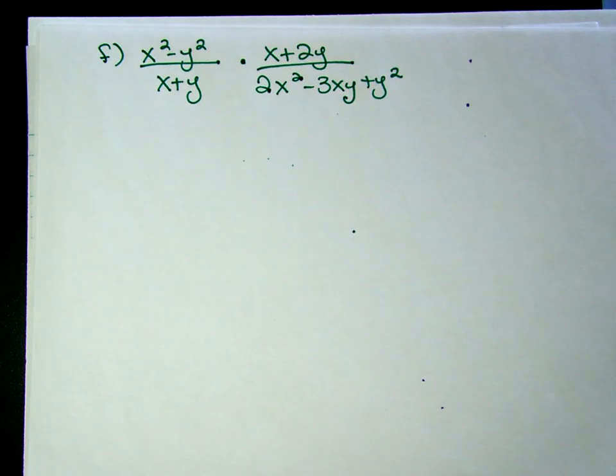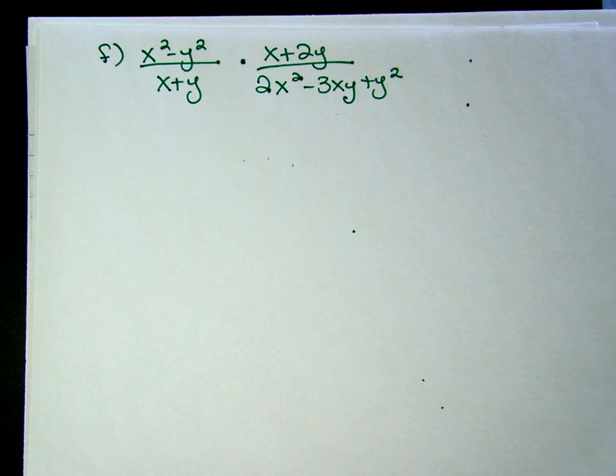x squared minus y squared over x plus y, times x plus 2y over 2x squared minus 3xy plus y squared. What is the top left?